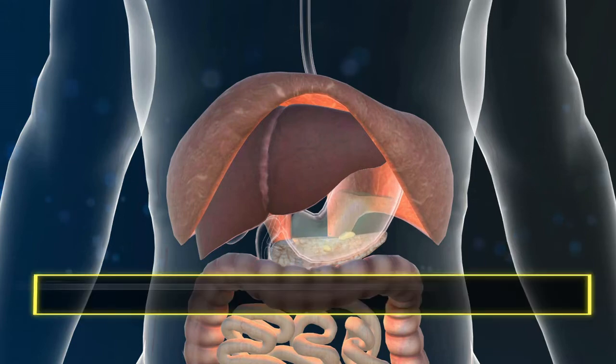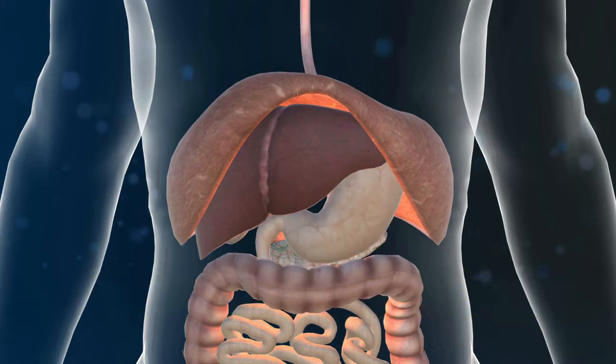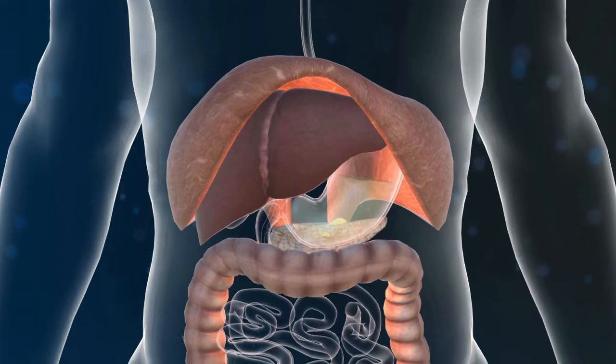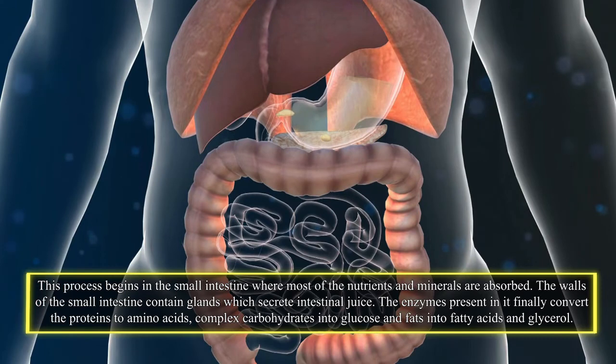Digestion. The process of converting complex food particles into simpler substances in the presence of enzymes and acids secreted by different digestive organs. Absorption. This process begins in the small intestine, where most of the nutrients and minerals are absorbed.